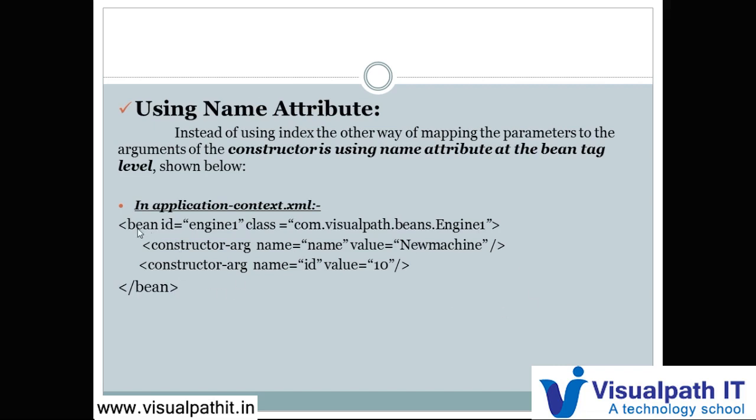For example, we have bean id is equal to engine1, this is the class, constructor argument name is equal to name, value is equal to new mission, and the id value is equal to 10. So here name is name itself, value is equal to new mission. So this is the name attribute. We are mapping that particular constructor argument with the name.